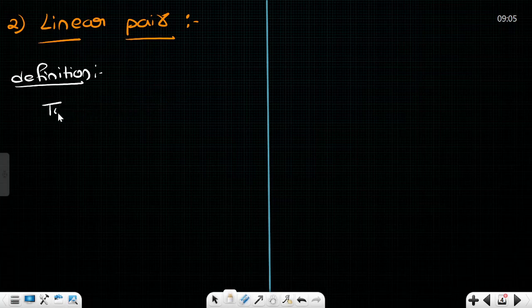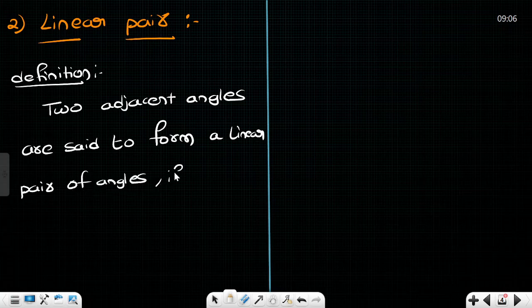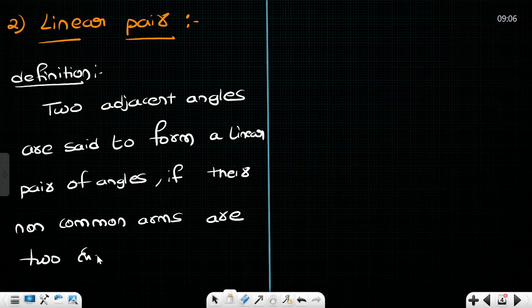I'll start the definition like this. Two adjacent angles are said to form a linear pair of angles if their non-common arms are two exactly opposite rays.